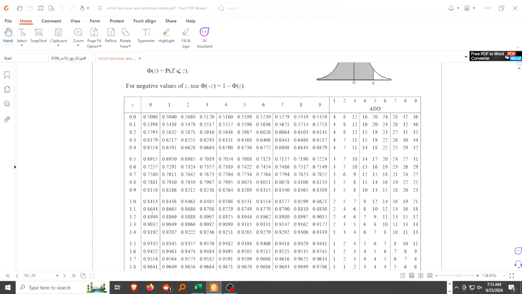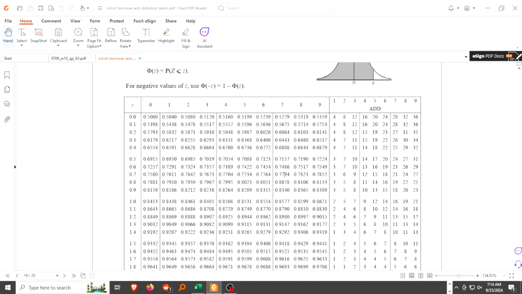Here we want the probability that corresponds to a z value of 0.6757. The z value is 0.6, then 7, 5, 7. We find 7 here. That gives me 0.7486. That was at 0.67.